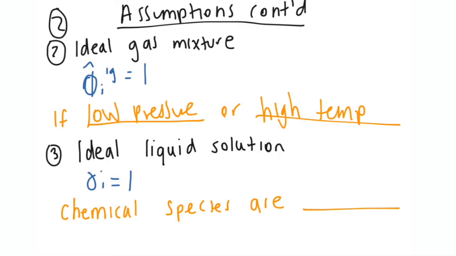So the way you can make this assumption is when chemical species are similar, or unless it says, okay, we have an ideal liquid solution. But if it doesn't, then you're looking for something that says, okay, you have liquids in a solution and the species in that solution are chemically similar.